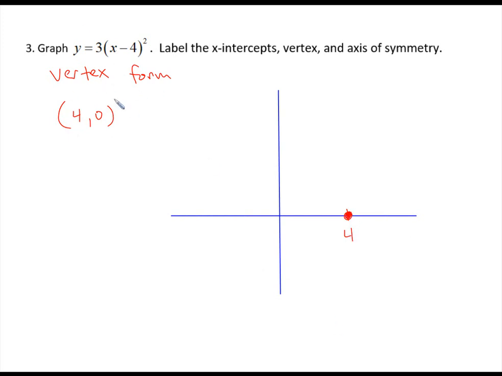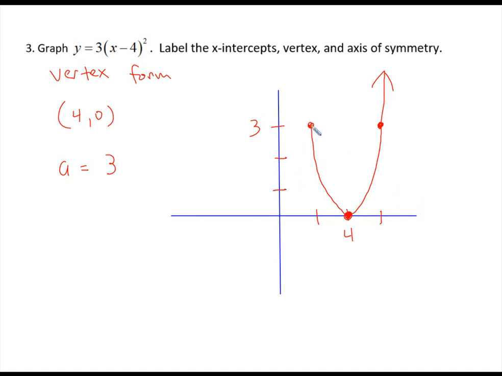Now remember, when you're graphing using vertex form, once you have your vertex, then you use the a value to find one point to the right and one point to the left. Okay, so the a value is 3. That means you're going to move to the side one time, and then you're going to go up 3. Right? Move to the side one time, and then up 3. And there's our parabola.